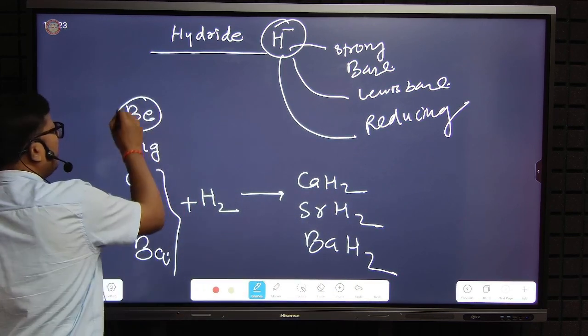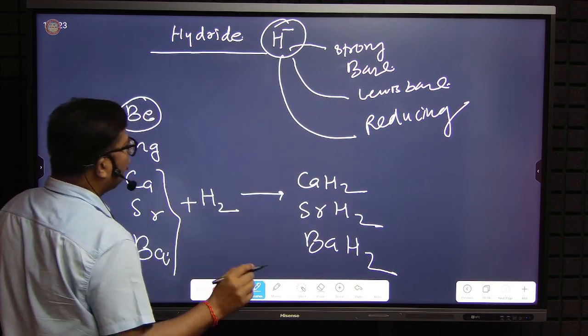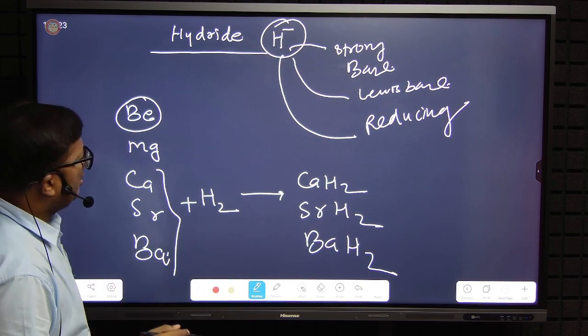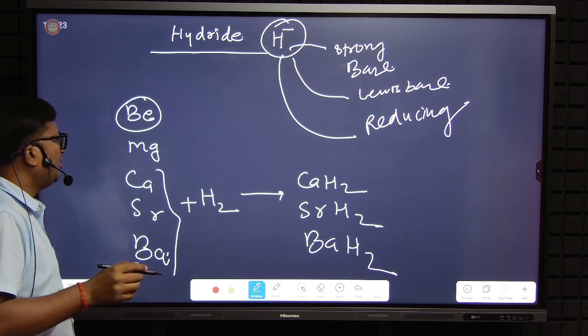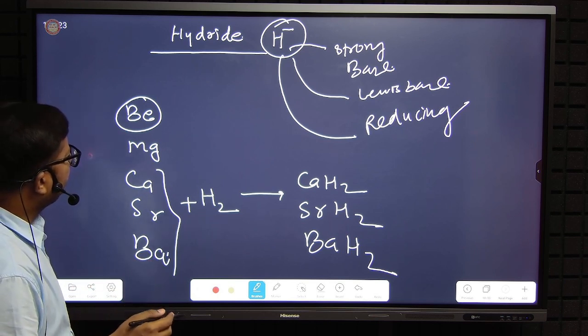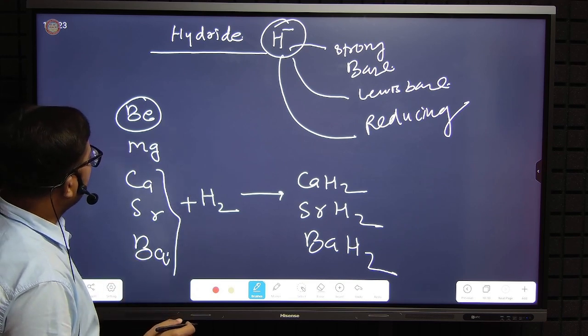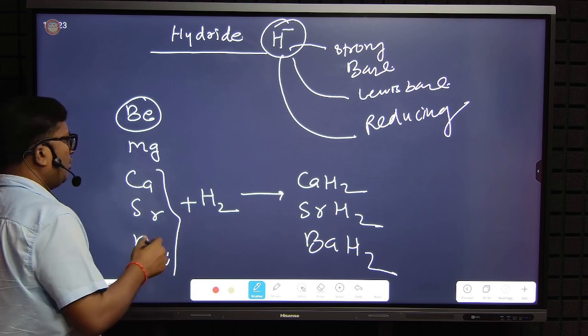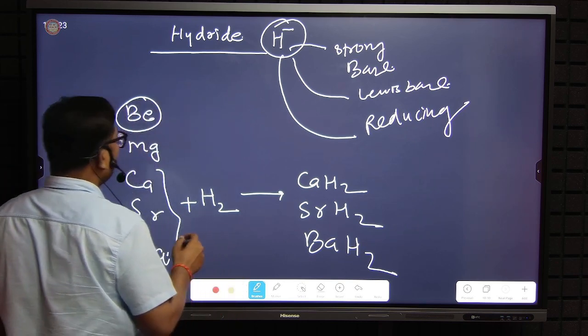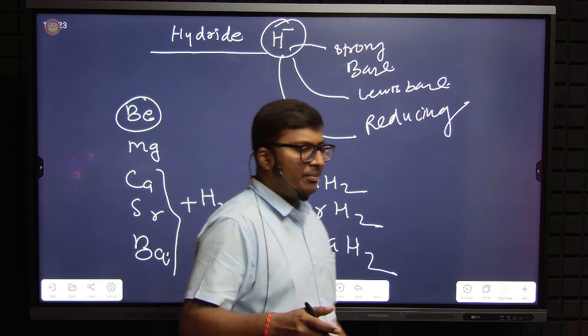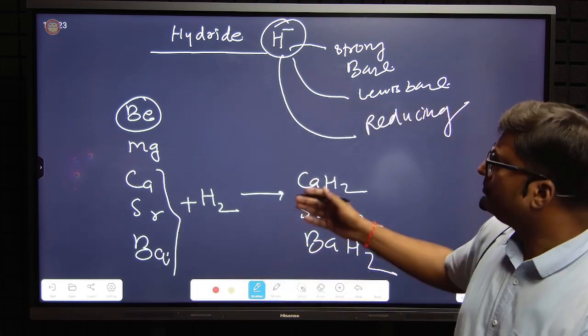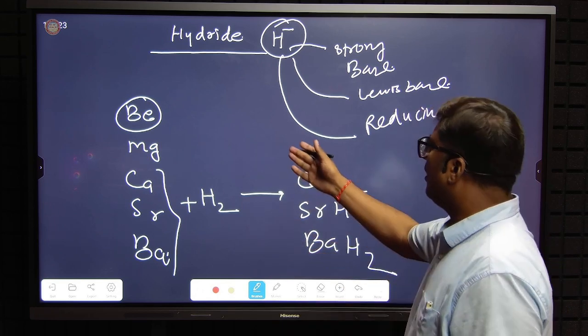Beryllium does not react directly with hydrogen because of the passivation layer on its surface. Without removing the oxide passivation, it cannot react with hydrogen, so it is prepared from halide compounds.